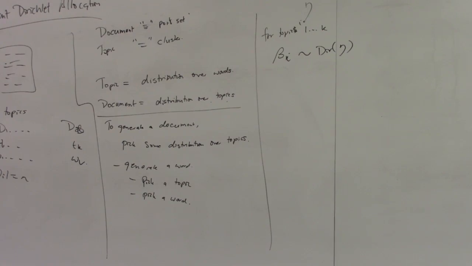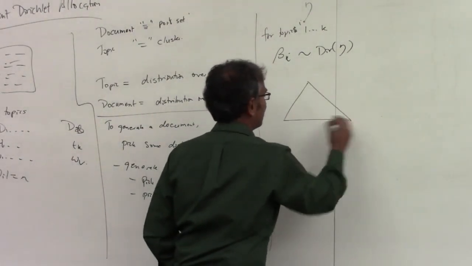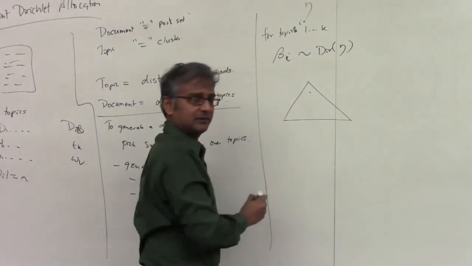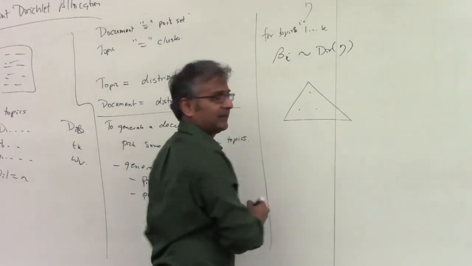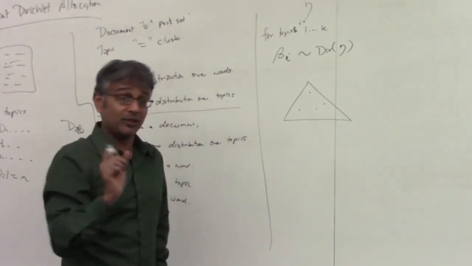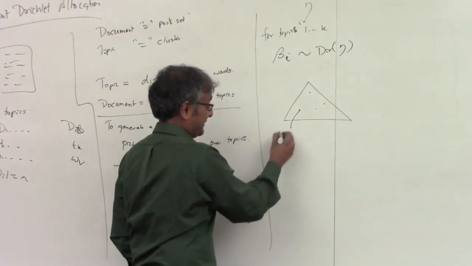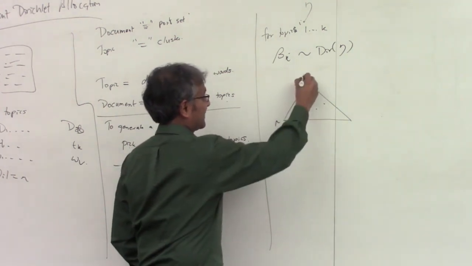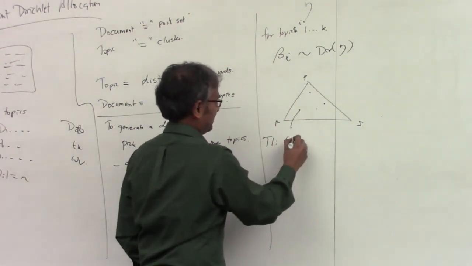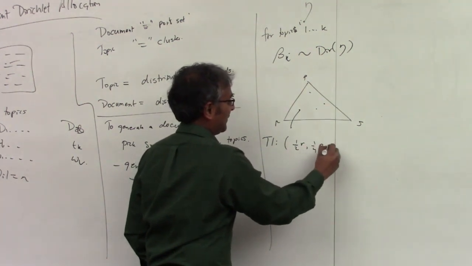So what's happening is that I have this v-dimensional simplex, or v minus 1 dimensional simplex. And I'm picking topic 1, topic 2, topic 3, topic 4. Each of these points, if I pretended my vocabulary had 3 words in it, let's say I was doing rock, paper, scissors. Let's say this is rock, this is paper, this is scissors. So my topic 1 is going to be half rock, 1/4 paper, 1/4 scissors.